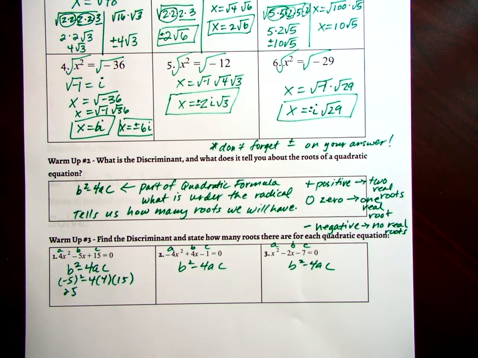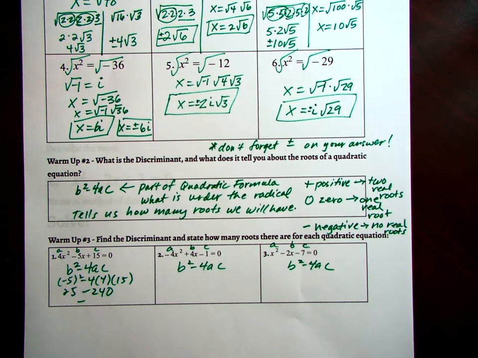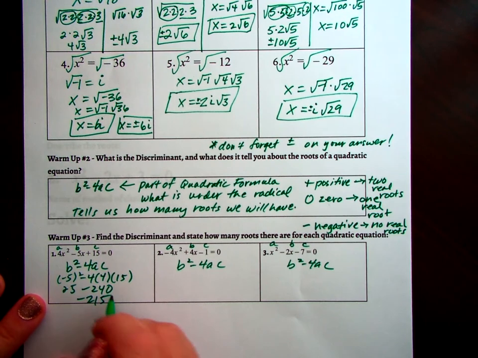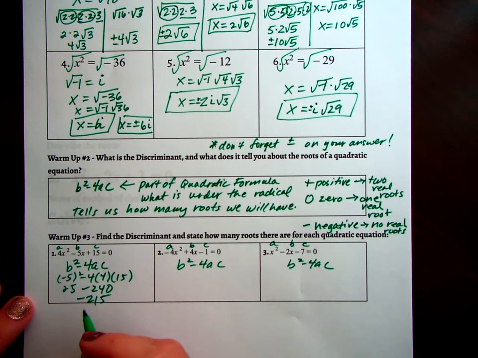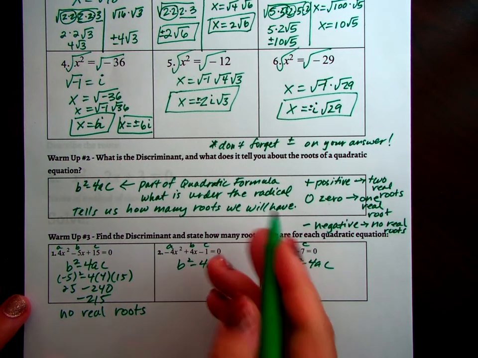And so that's minus 240. So obviously you don't need to get exactly the number here. You can just tell it's going to be a really big negative. Since this is a negative discriminant, we have no real roots. We have imaginary roots because square root of a negative equals i.